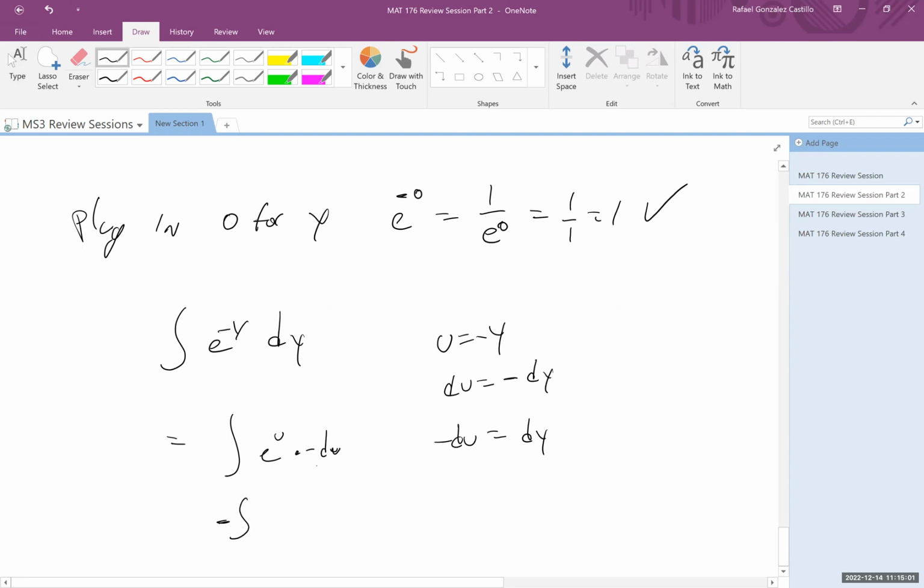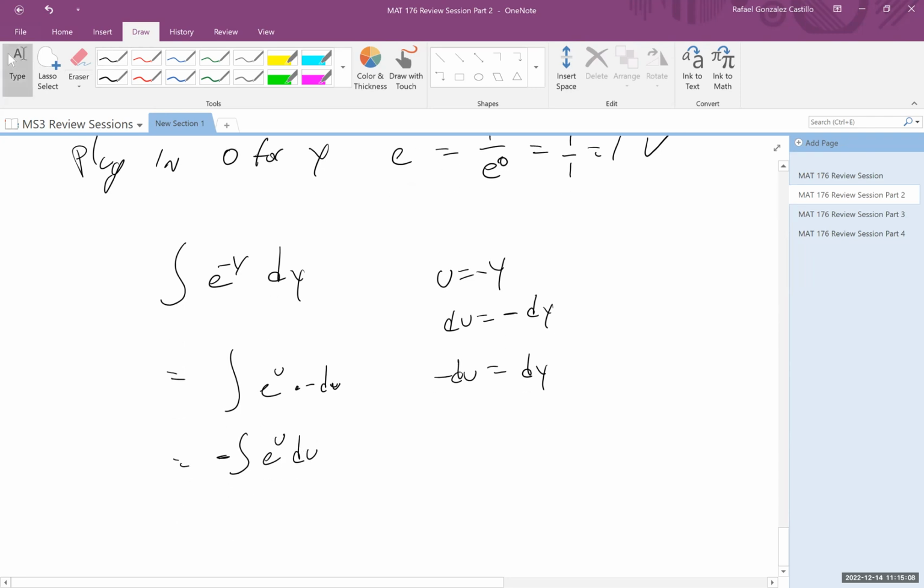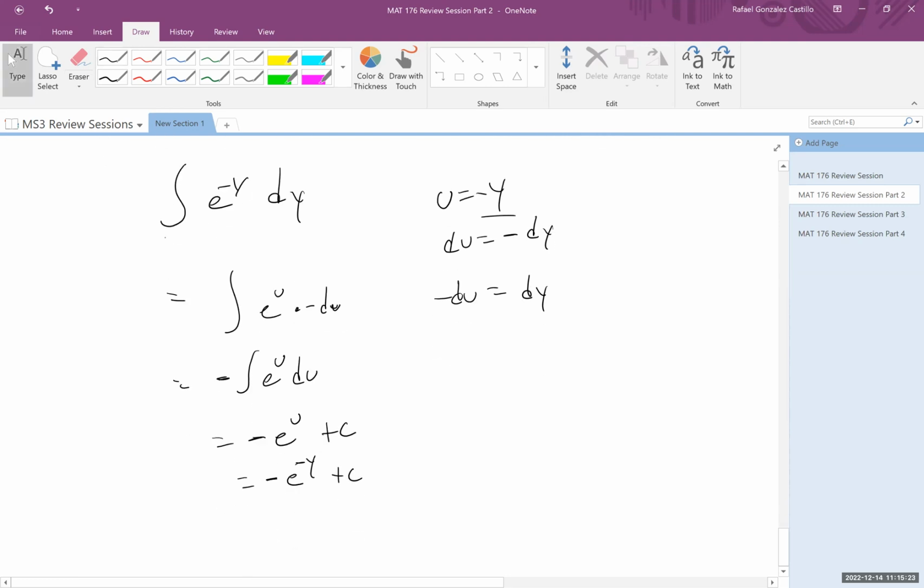You could keep the negative on the outside if you want to: negative e to the u du. The antiderivative of e to the u is e to the u, so you have negative e to the u plus c. But u was negative y, so we have negative e to the negative y plus c as the solution to the integral of e to the negative y dy.